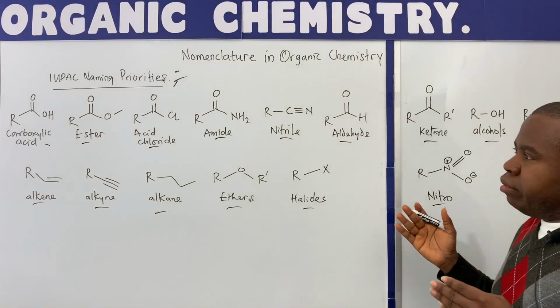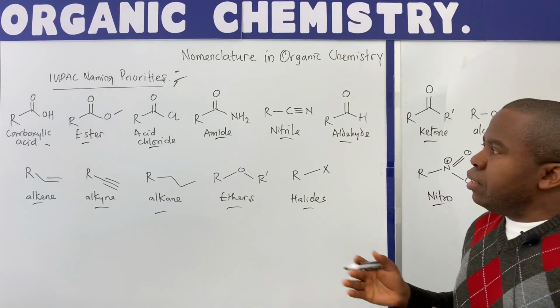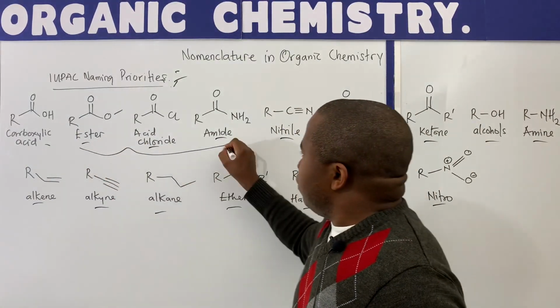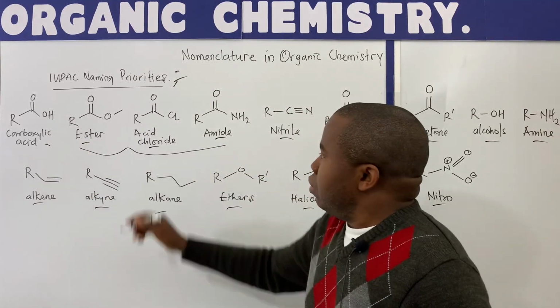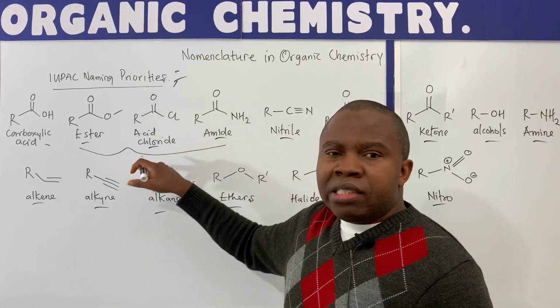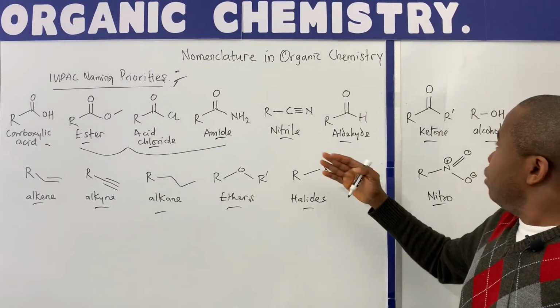These are what I would call the basic functional groups in organic chemistry, and some of these are actually derivatives of this one here. So the ester, acid chloride, and halides are all derivatives of carboxylic acid, and we have nitrile and the rest.